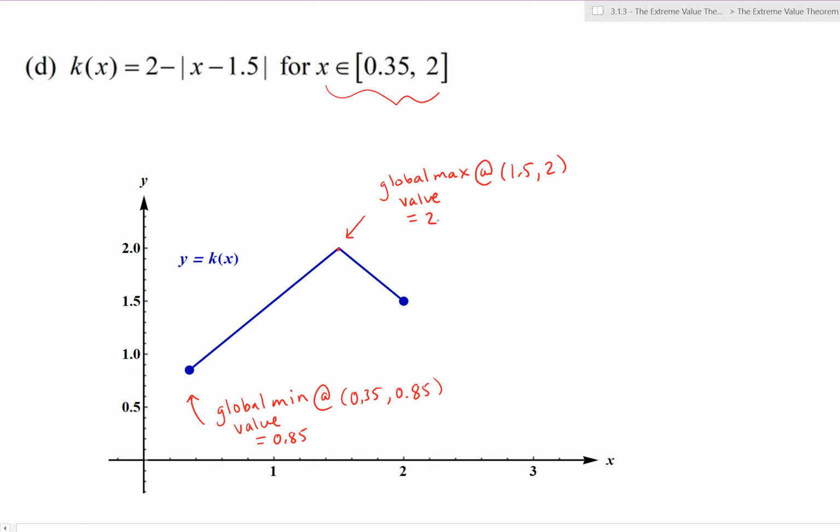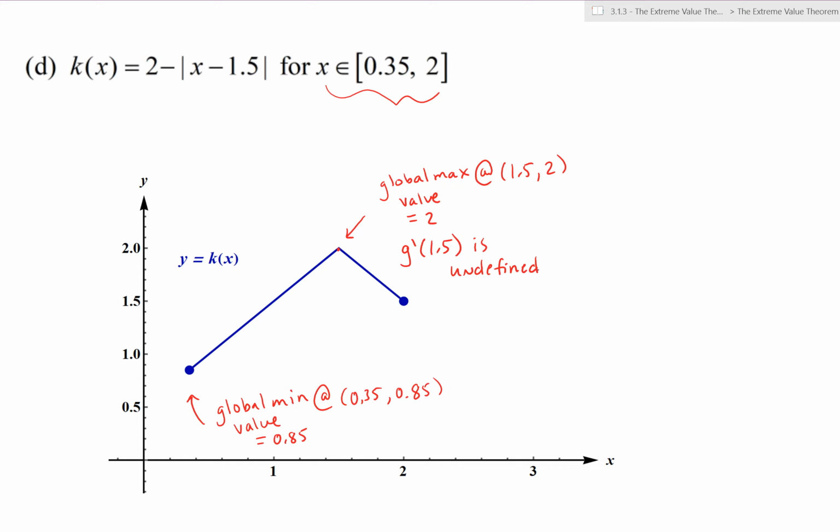Now, unlike some of the other ones we've seen, at this location where the global max occurs, x is 1.5, the derivative is not defined there. However, it is a local max location. In fact, k prime of 1.5 is undefined. It's that corner spot. However, x equals 1.5 is a critical point of type 2 in this situation.